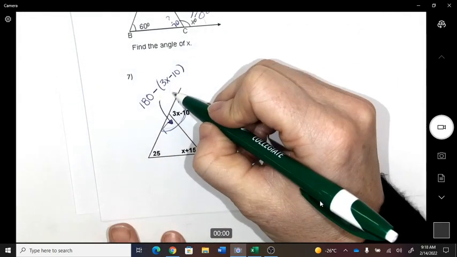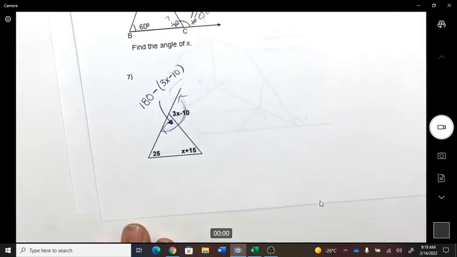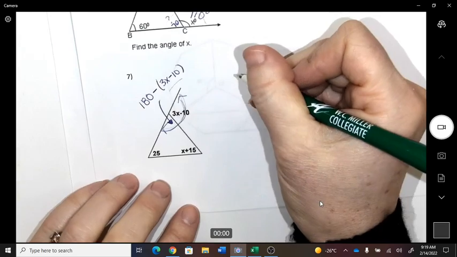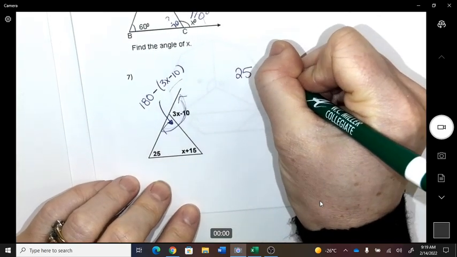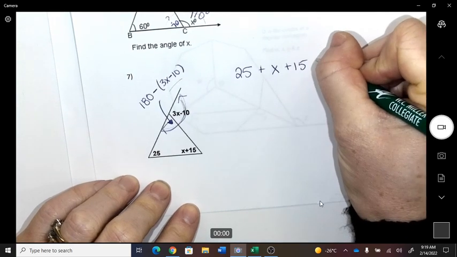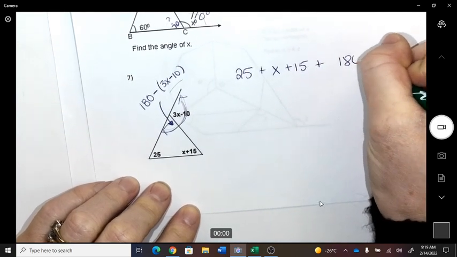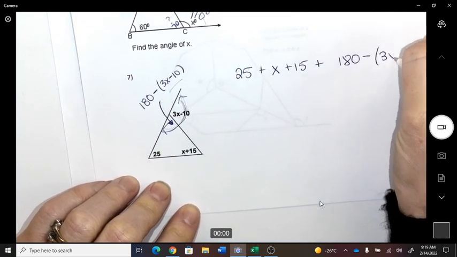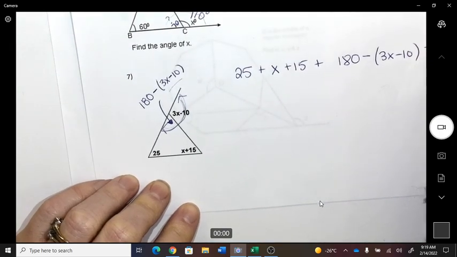Okay, did you notice that I put this in brackets? Does that make sense? It's the whole angle. Now, all of them will make 180. So 25 plus x plus 15 plus 180 subtract 3x minus 10.